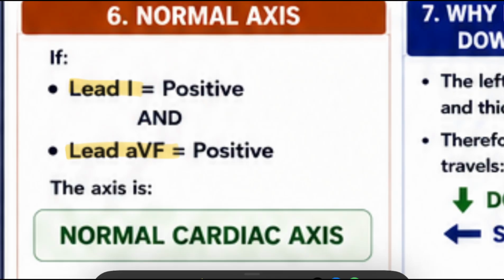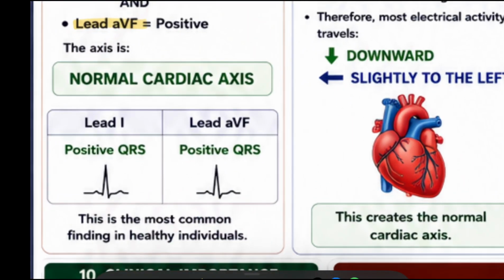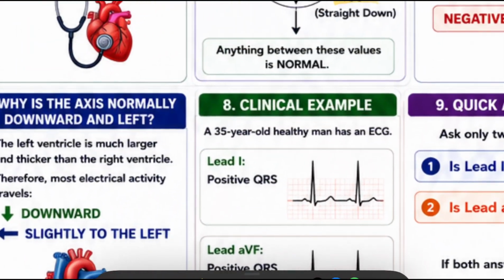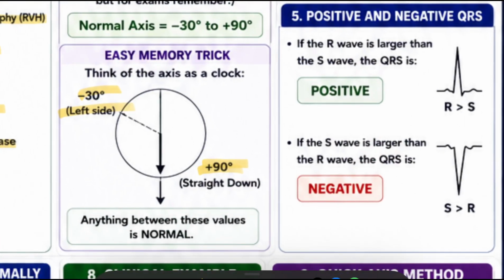Okay, so for positive and negative QRS complex, we have to look at the QRS complex. If the R wave is larger than the S wave, then the QRS is positive. If the S wave is larger than the R wave, then it becomes negative.